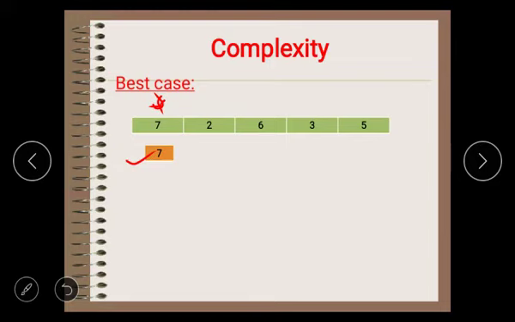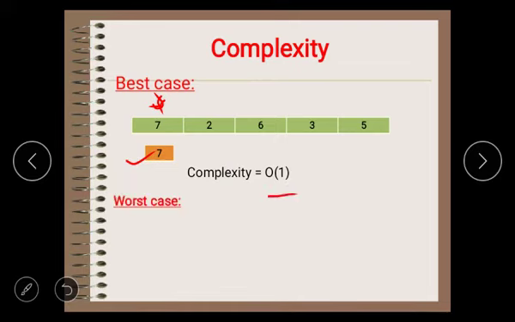If the element is found at the first comparison only, then the best case time complexity is order of 1. At the beginning of the array itself, we have found the searching element, so the best case time complexity is order of 1.